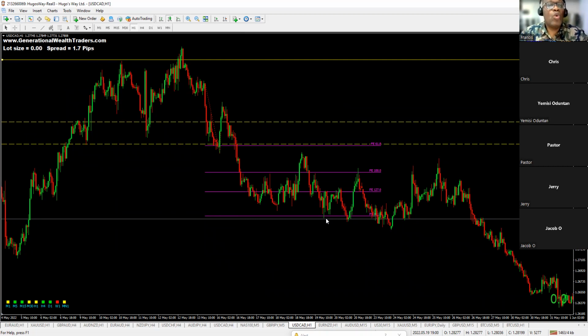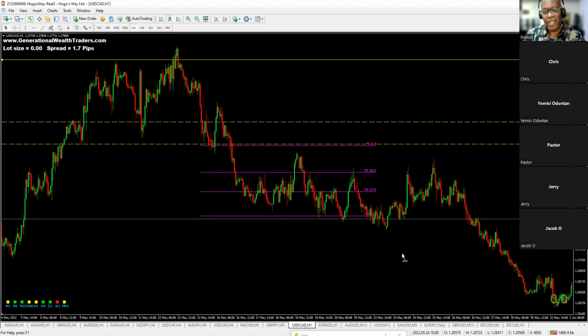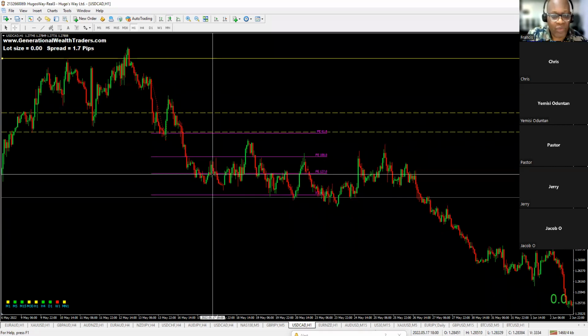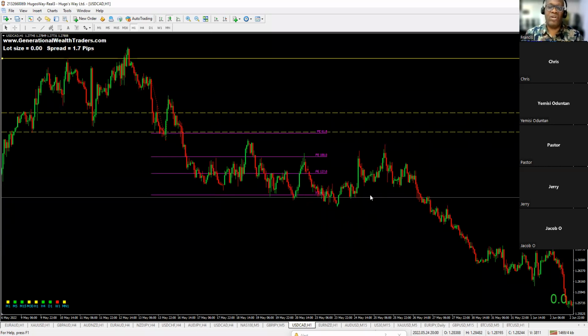But if I had looked at the daily or even the weekly time frame, and I saw that there was going to be a deep drop, the market had a long way to go to the downside, I could have stayed in there if I had a reasonably sized account, which means I would have gotten all this. It just means that it would have taken some time. I mean, these are 1 hour candles. It would have taken a whole number of days, but at least I would have gotten my trade.